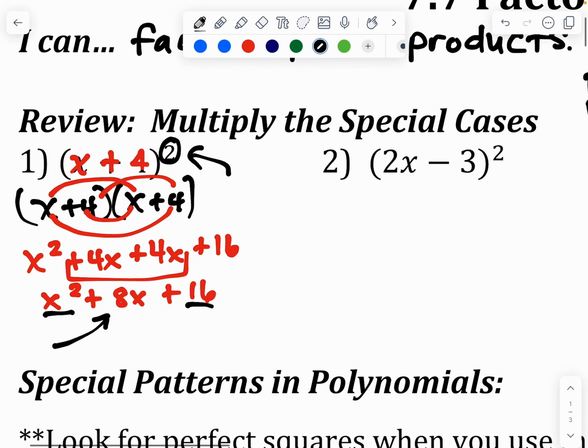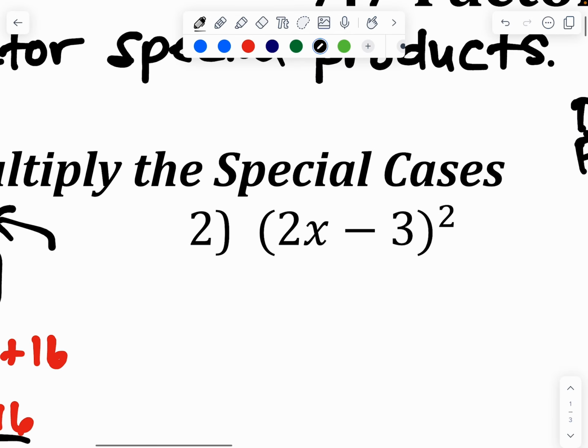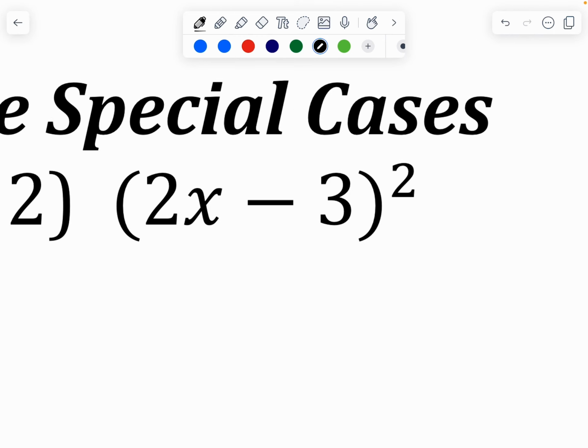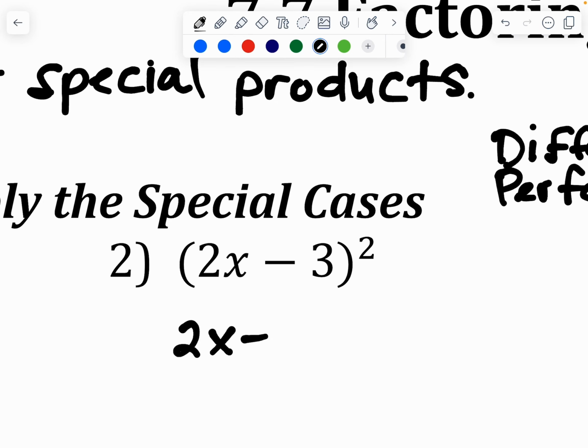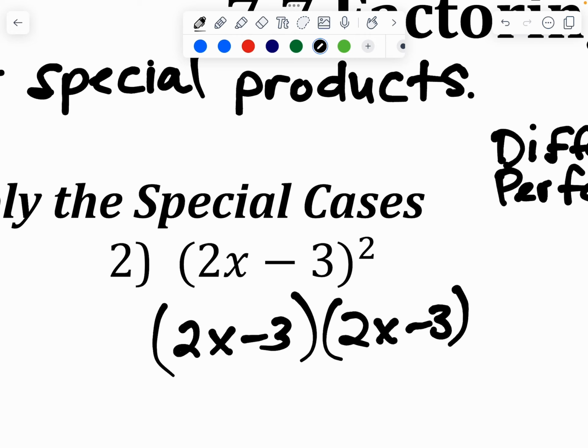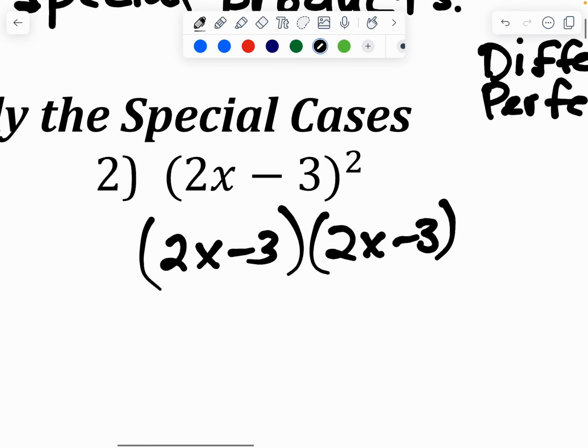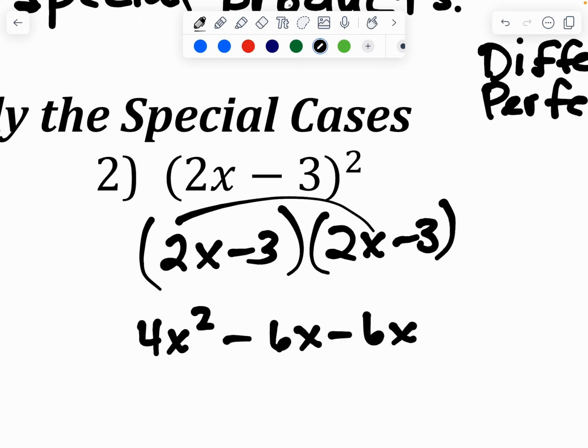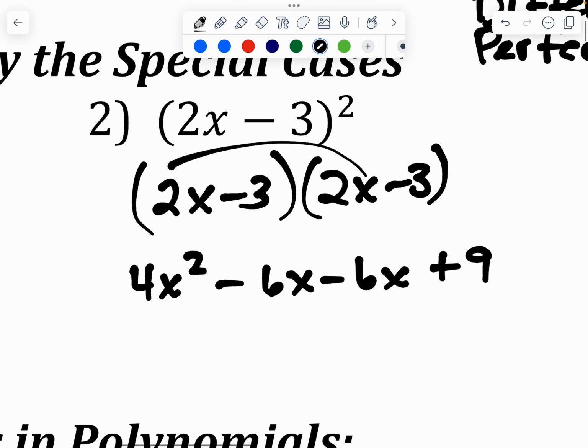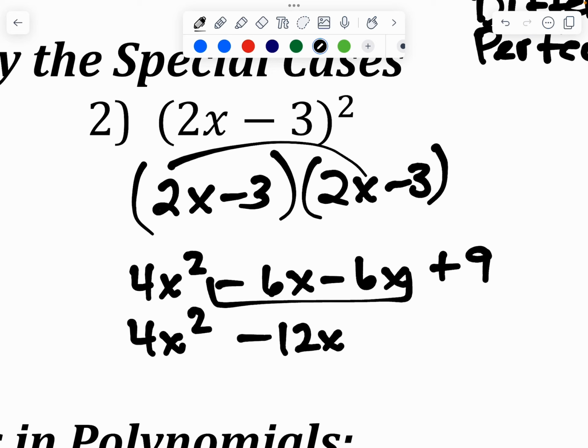Same thing with number 2. If we were to multiply these out, or if you remember the pattern, and if you could see on the last one, there was a pattern. We would get 2 times 2 is 4x squared, minus 6x plus 9. We get negative 12x in the middle, so we have 4x squared minus 12x plus 9.